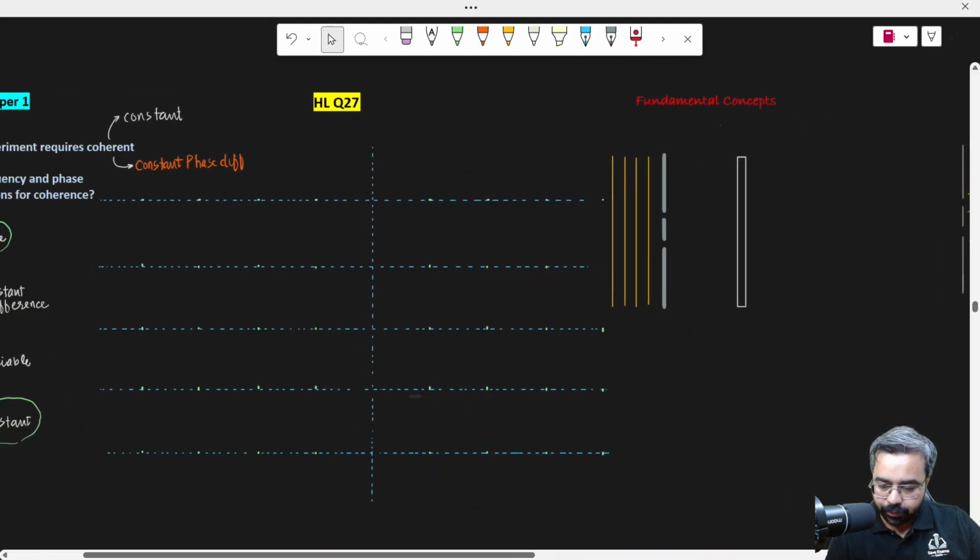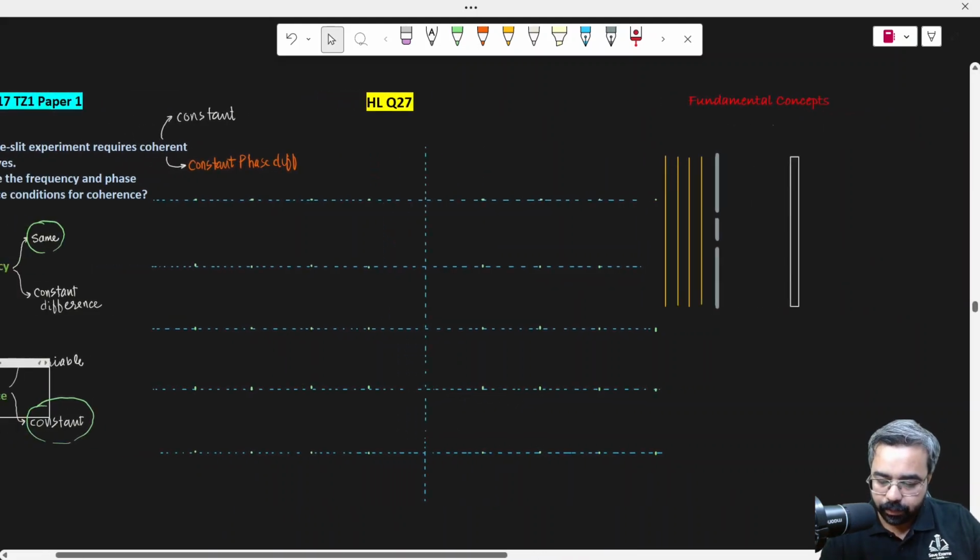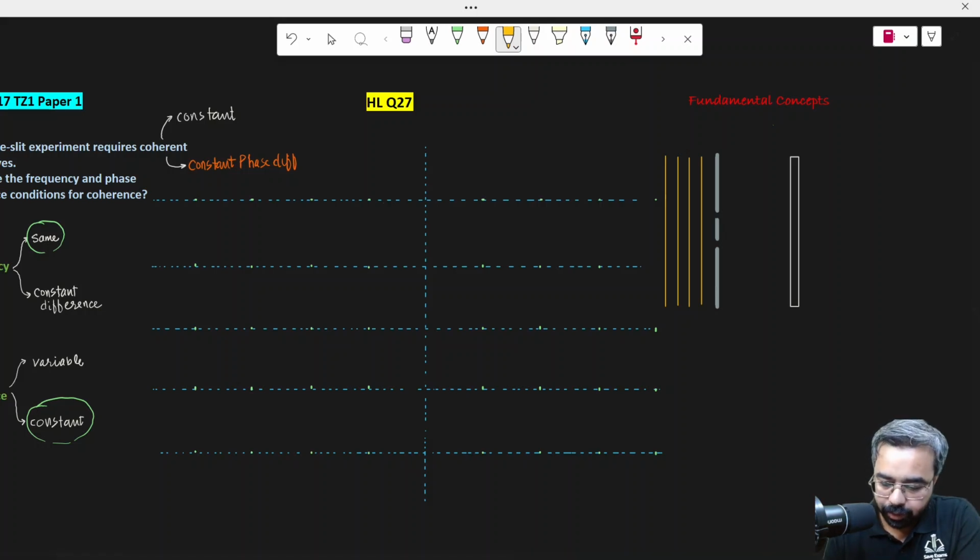For example, take one monochromatic wave, and I'm showing you the wavefronts, where the distance between them is one wavelength, passing through the two slits. By passing through the two slits, these waves will diffract without any change in their wavelength.